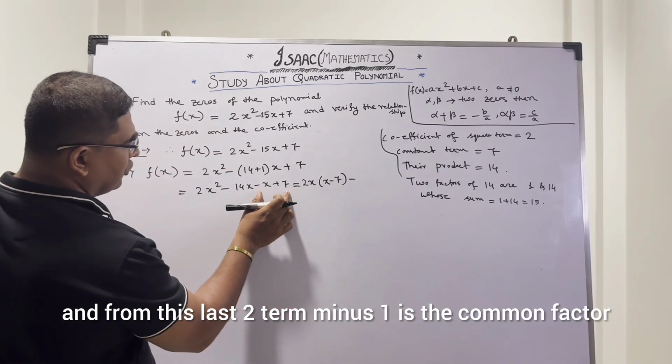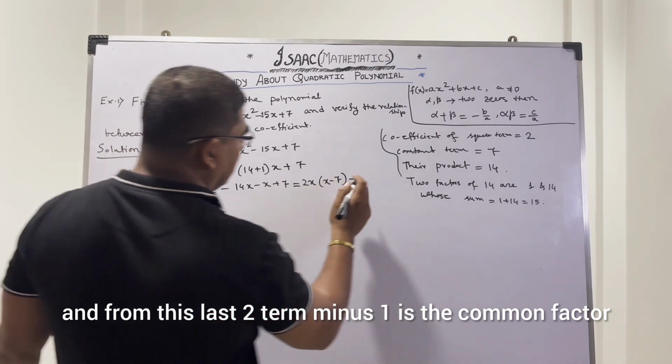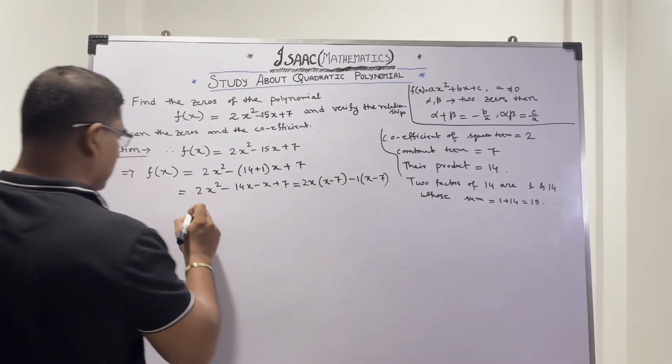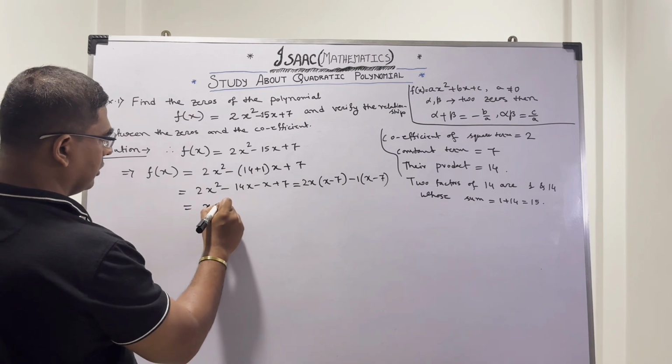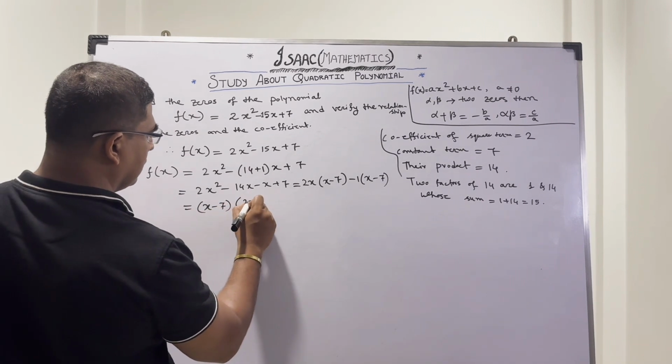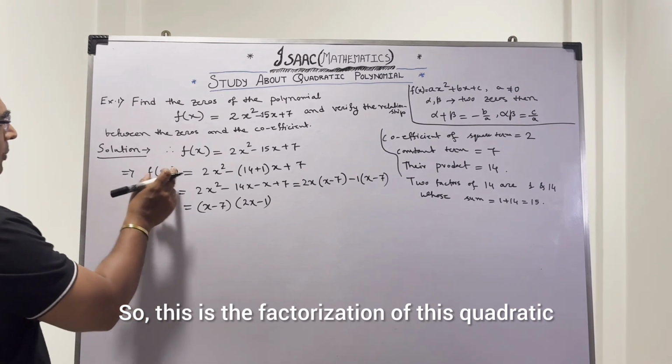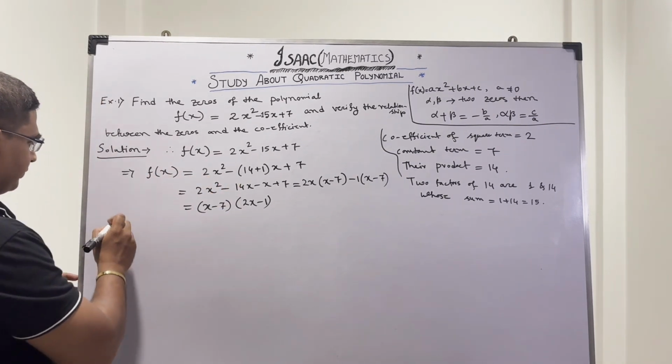And from the last two terms, minus 1 is the common factor. So this is the factorization of this quadratic polynomial f of x.